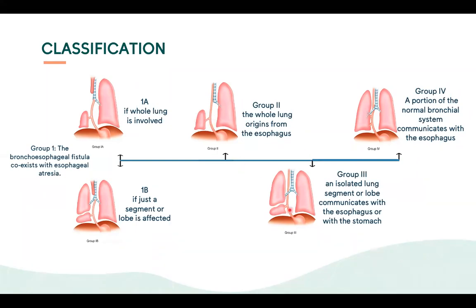Moving to the third group, it's identified by a communication of an isolated lung or isolated segment of the lung with the esophagus or stomach. So the segment is separately connected to the stomach or the esophagus. The last group is when a portion of the normal bronchial system communicates with the esophagus. Here's the communication.